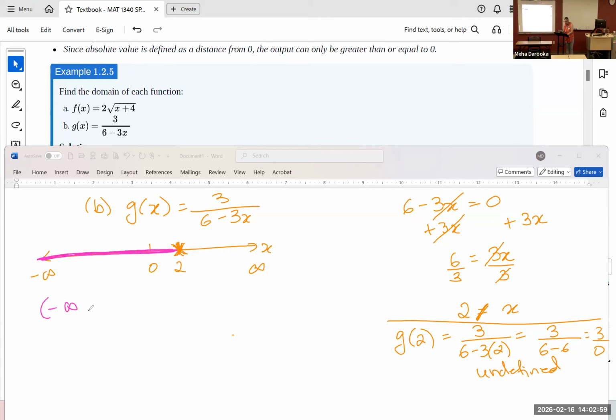So that would be the interval from negative infinity to 2 with parentheses. On the other side, from 2 to positive infinity is okay. So that means you're going from, again, not including 2 to positive infinity, right? And then you use the union symbol to join the two intervals together. This will be your domain.